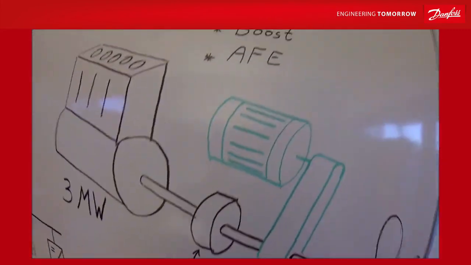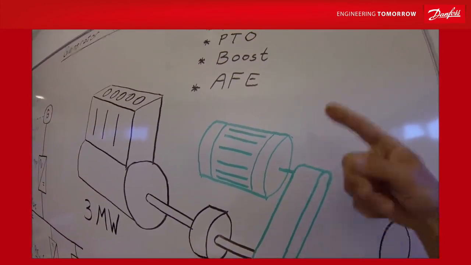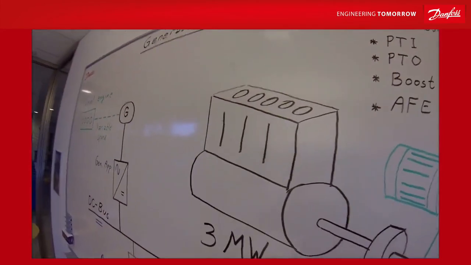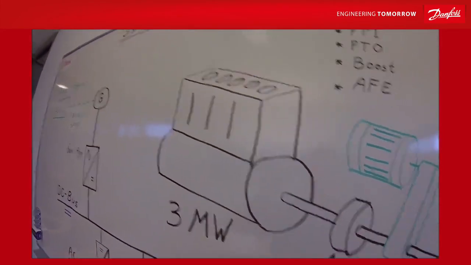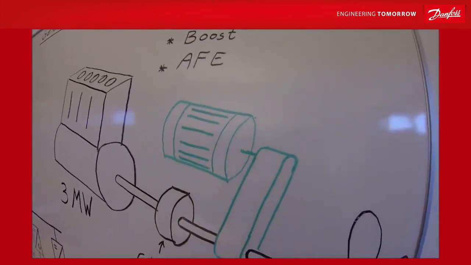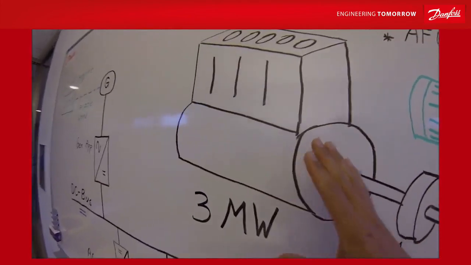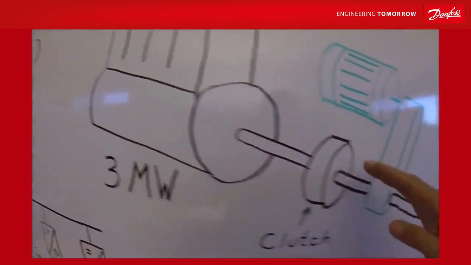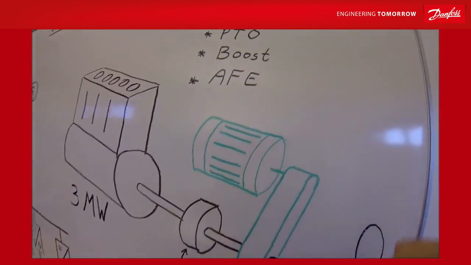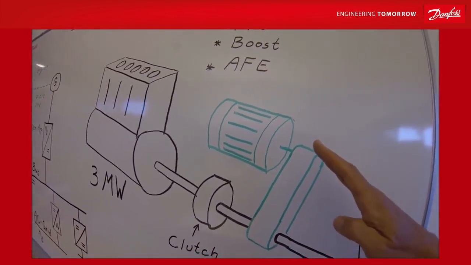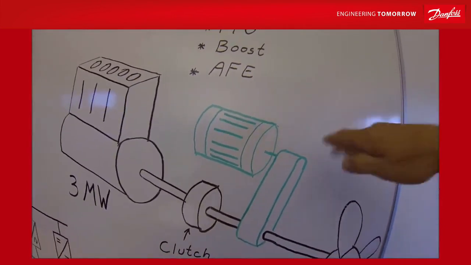But before, you needed to run at synchronous speed, which is too high speed for this big diesel engine. With the generator application, you can now slow down the big diesel. You can save a lot of fuel, and still the generator application will be able to produce the electric energy and transfer it into 60 Hz for your ship grid.